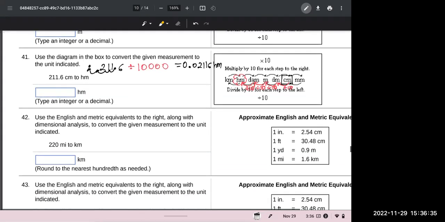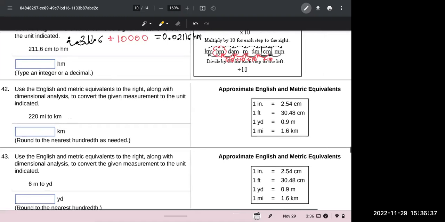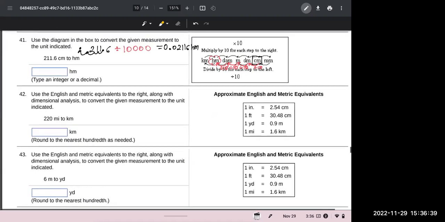Okay. So 42, also you don't need to worry about putting on your reference sheets the tables which show how to convert English to metric system, because that's going to be given to you. So you need to convert 220 miles to kilometers. We're going to use the hint that 1 mile is equal to 1.6 kilometers.